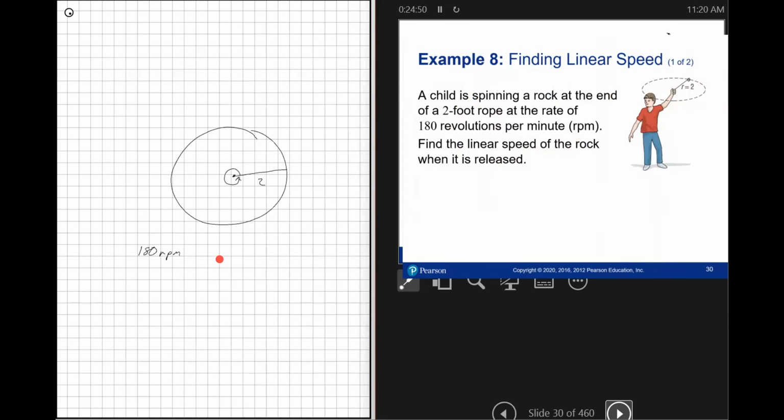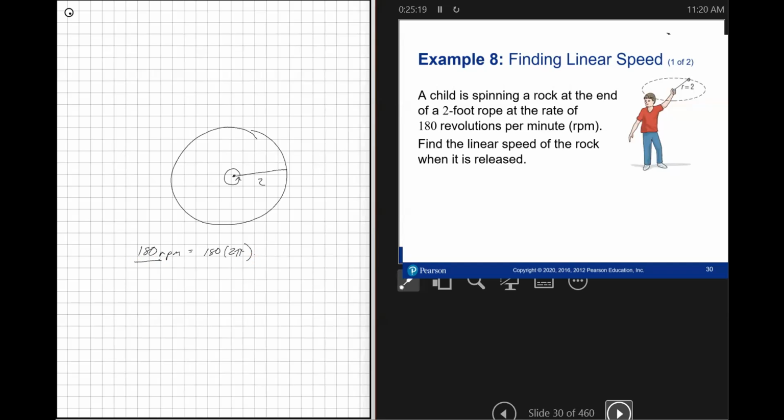So this is 180 times 2 pi per minute. Revolutions. Well, per minute. Because the revolutions, 180 revolutions, one revolution is 2 pi.